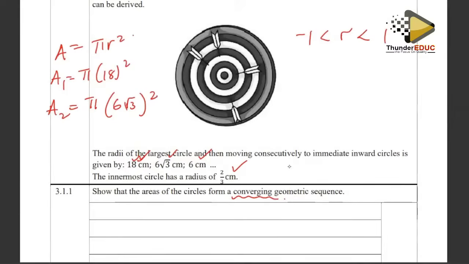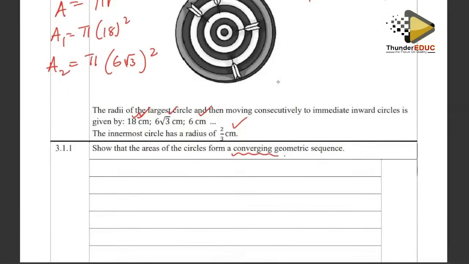Then let me divide these two to get my common ratio. So I'm going to say the common ratio of the areas will be A2 divided by A1. So it's pi times 6√3 squared over pi times 18 squared. When I do that with my calculator, I'm just getting 1/3.